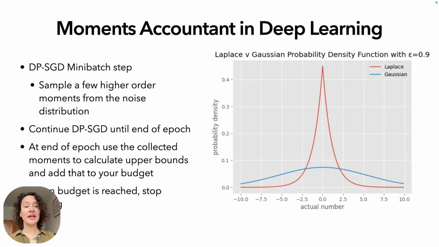What is it doing? And if you're a machine learning person like me, then this maybe helps give you a game plan for your initial approach to accounting and using a differential privacy library in deep learning, where you start to say, okay, maybe in the beginning, I set a little bit of a higher budget, and then I use other techniques for early stopping if I hit target accuracy and I haven't spent that higher budget yet.